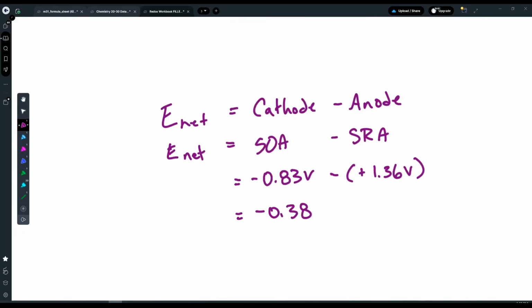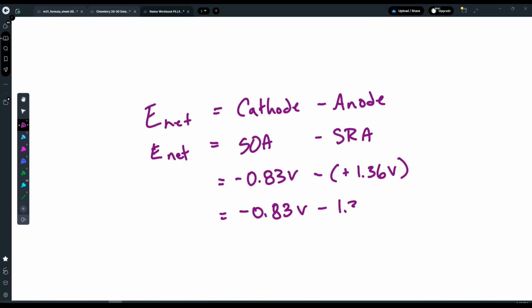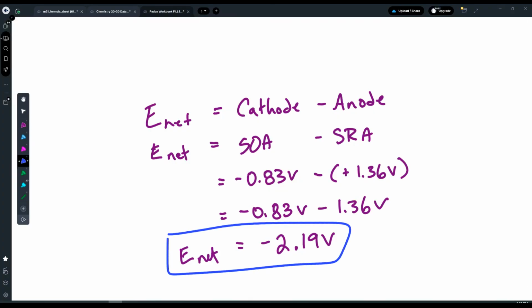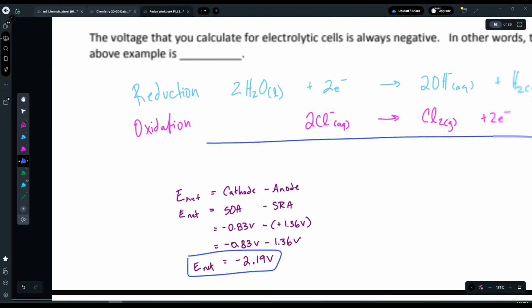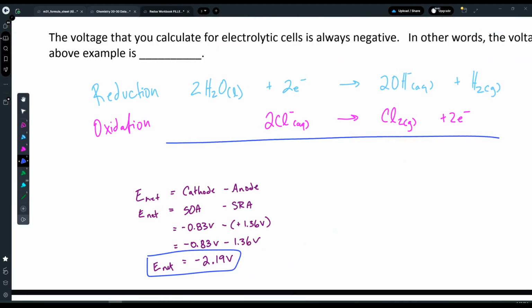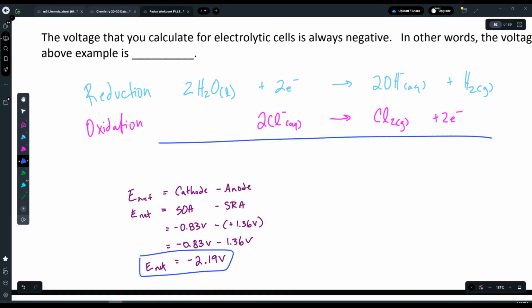The reason why you can do that is because you have a negative in the formula that's going to do the flipping of the signs for you. So we'll call this formula way.